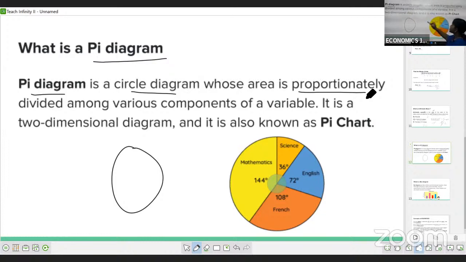We know that there are 360 degrees in the circle. When the area is proportionately divided among the various components of the variable, it is called a pie diagram. So it is simple, and you can easily get the marks for this.